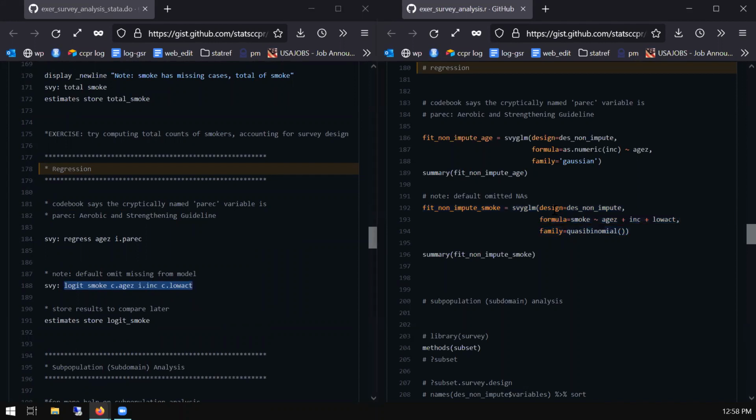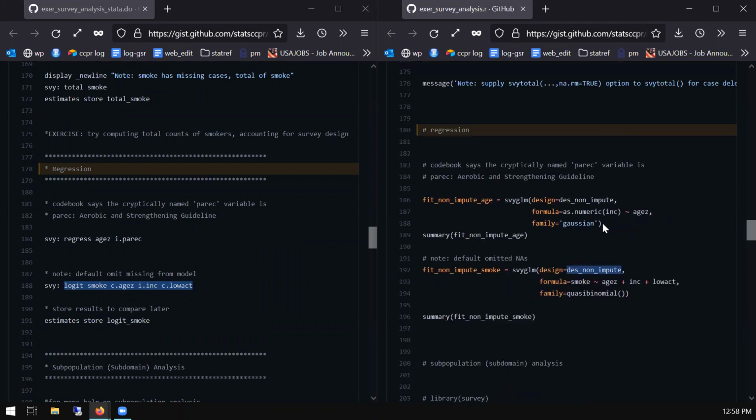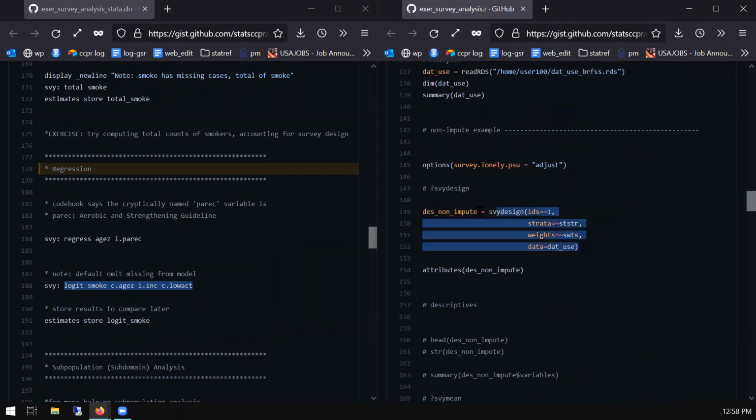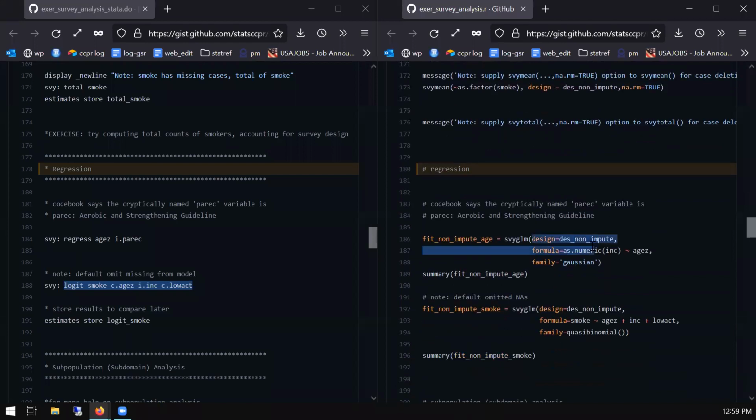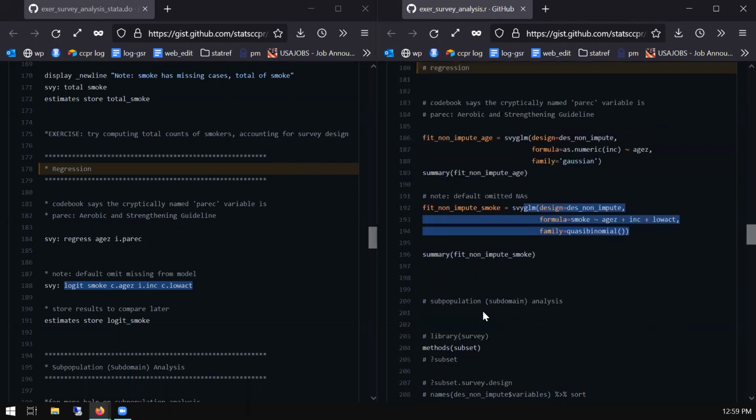Same thing in R. We plug in the design we set up earlier. We set that up earlier here, right? We told it what the strata was, what the weights are. Here's a design object. You plugged it into a GLM model. I'll pause there if there's any questions about the code.